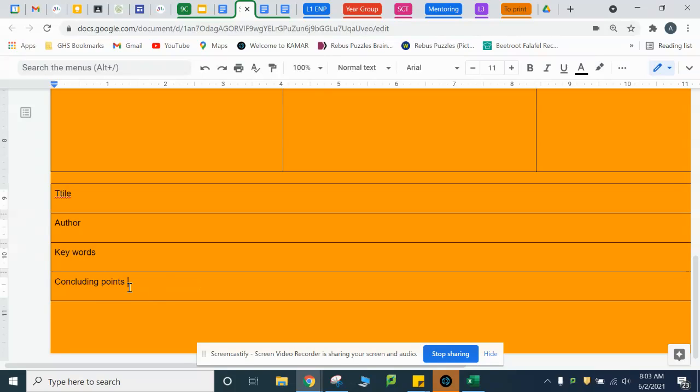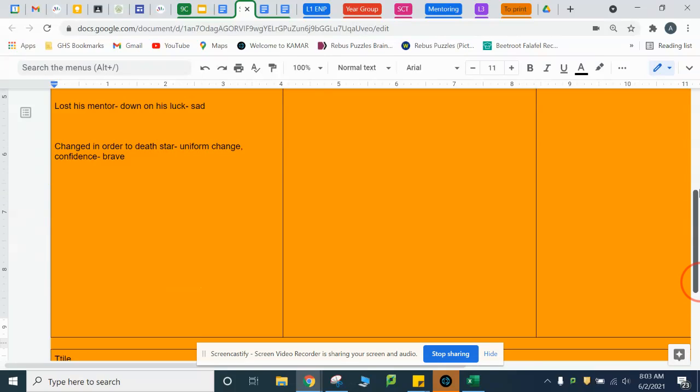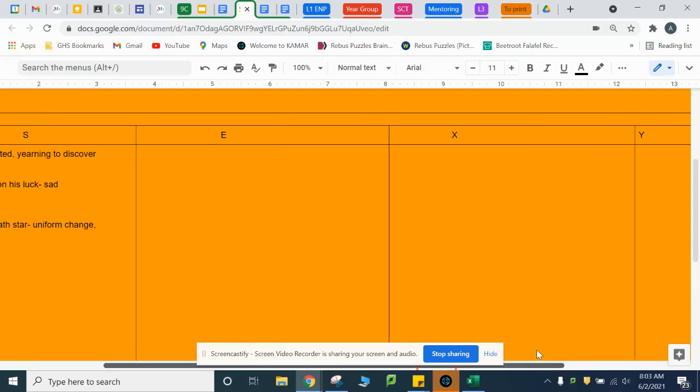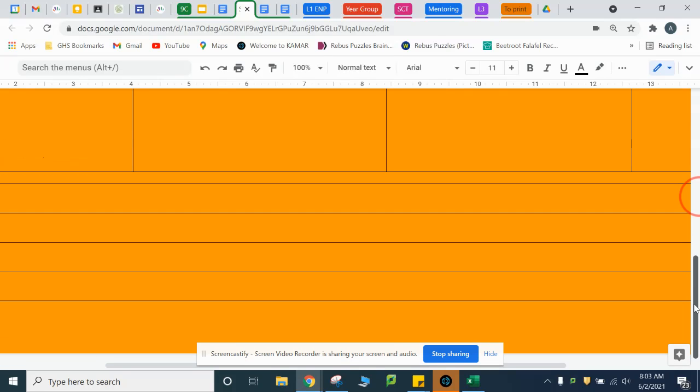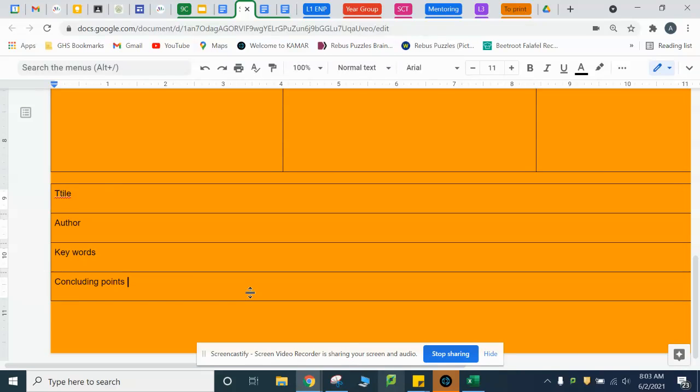And those keywords that I've used will be exactly the same as the keywords that I've used in my explanation part in my essay and my U-link. So it's kind of like a summary of what you have proved through the essay in your concluding points. And then that becomes your conclusion there, and it ties up the whole essay.